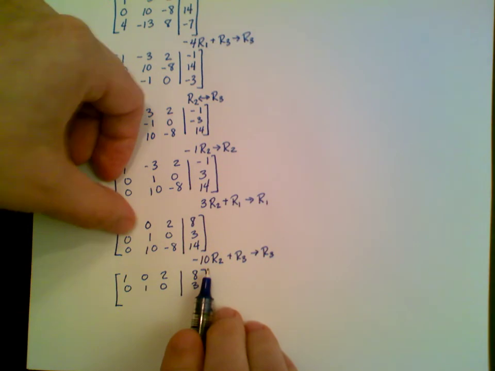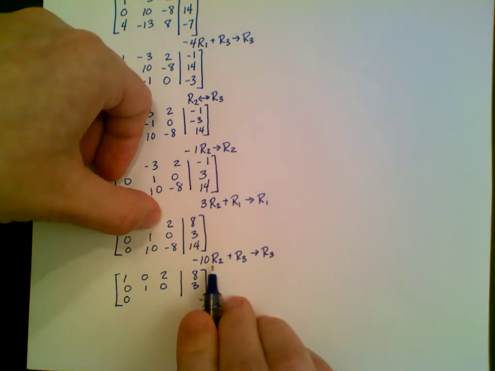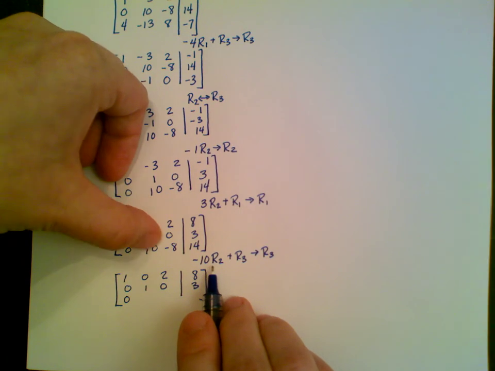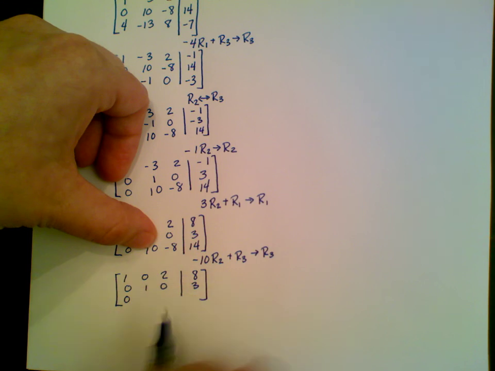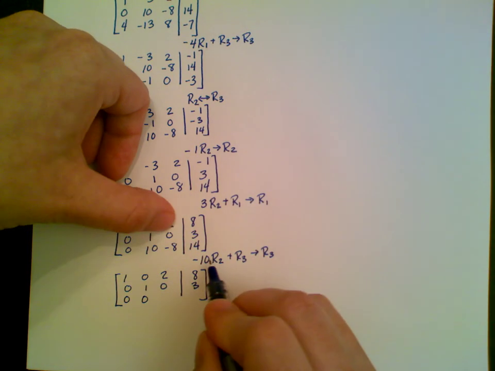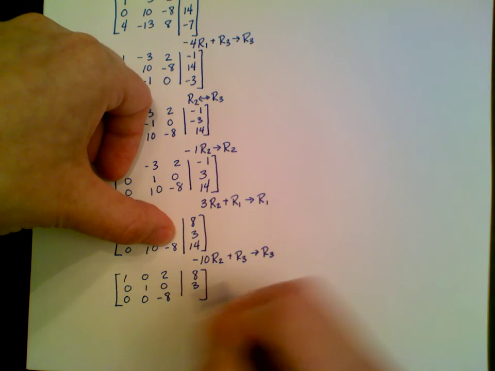And negative 10 times 0 is 0, plus 0 is 0. Negative 10 times 1 is negative 10, plus 10 is 0. That's why we chose this step. Negative 10 times 0 is 0, plus negative 8 is negative 8.